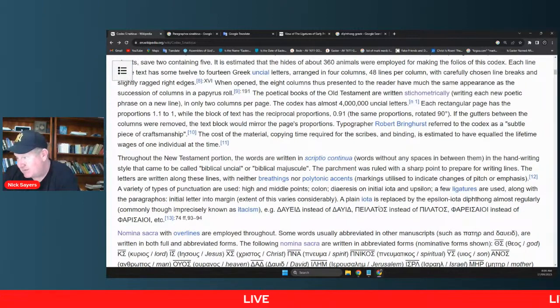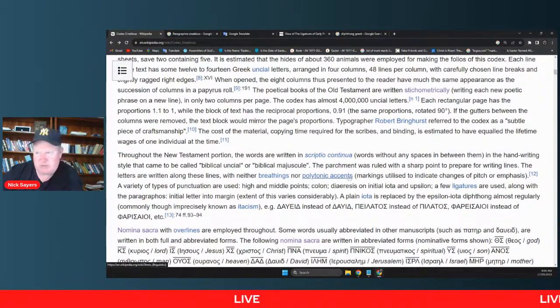So this is Pilatos, and so they have the epsilon iota there just for the iota here. And so this is Pharisai, so that means the Pharisees. And so you can see that the epsilon iota there, where it just has an O to there. So that's just a feature of Codex Sinaiticus.